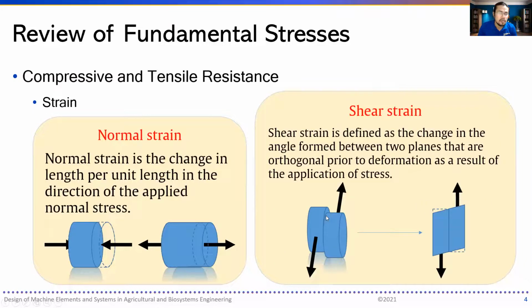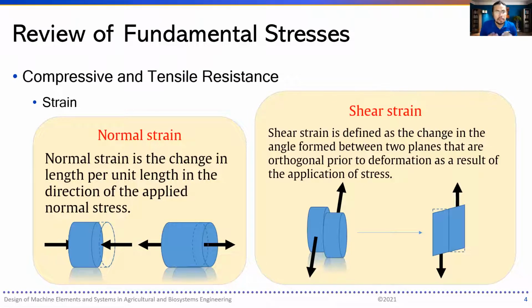Now, due to forces applied to bodies, there is what is called strain, and this is the result of the stresses when a certain body is being pulled or being pushed or being slid past a certain area.